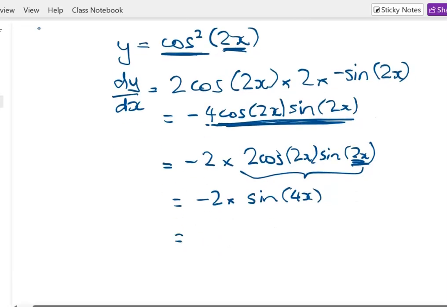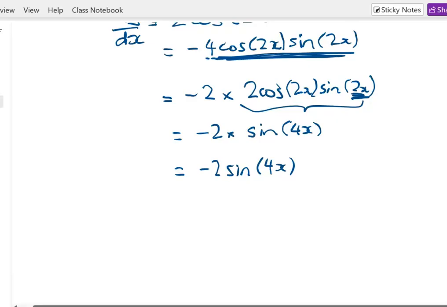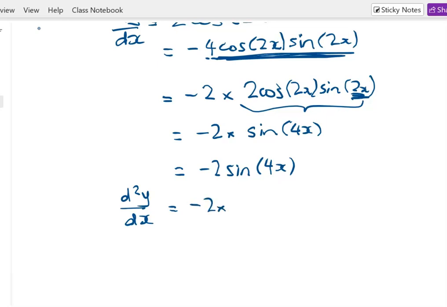Right, so dy by dx is a very simple function, which means that finding the second derivative is really an achieved level skill. So the second derivative will be negative 2 times 4 cos of 4x, right? The 4 is from the inside function here, and the cosine is what we would get when we differentiate sine. So that gives me negative 8 cos of 4x.